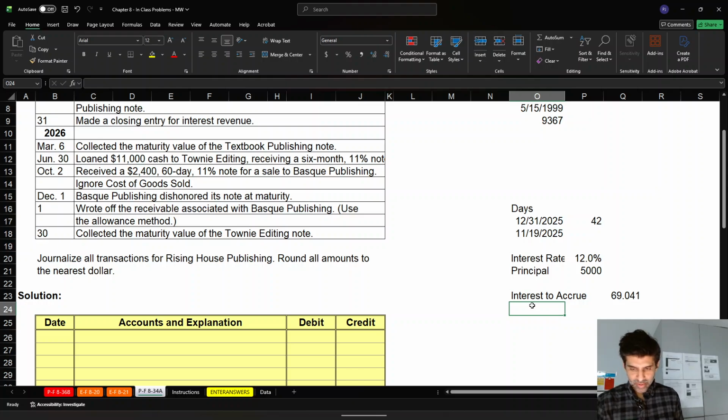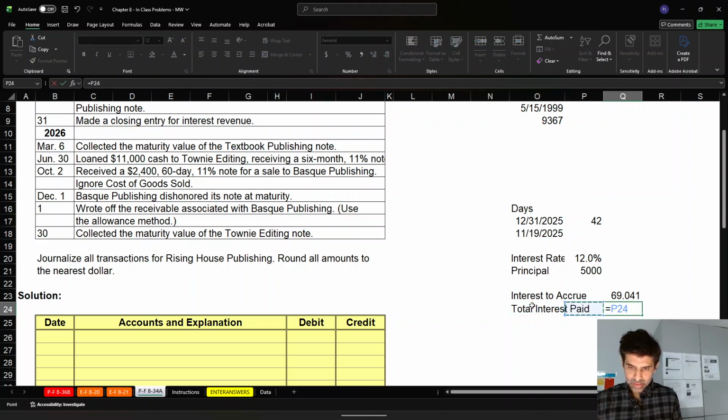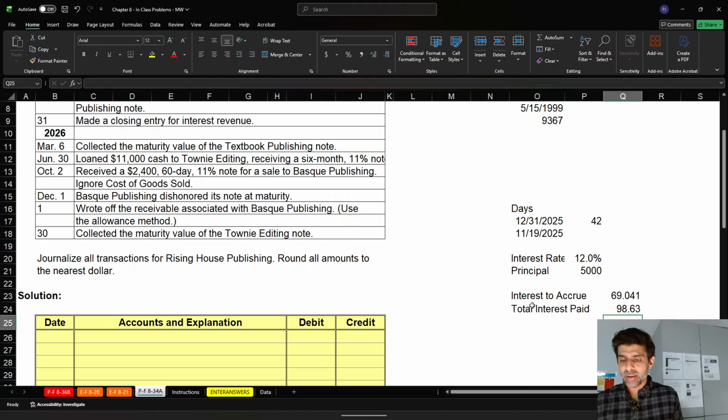So the total interest paid is going to be basically principal times this interest rate times 60 divided by 365. This is the total interest that they're going to pay plus the principal of 5,000.